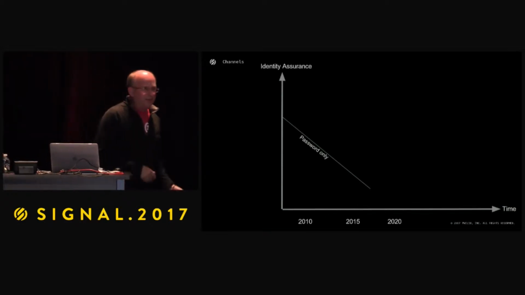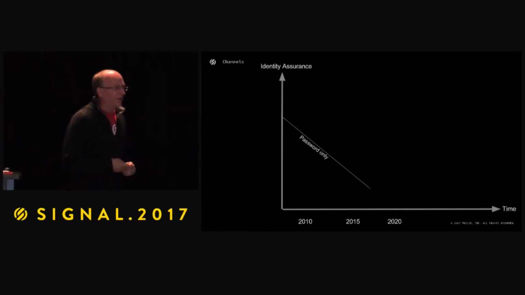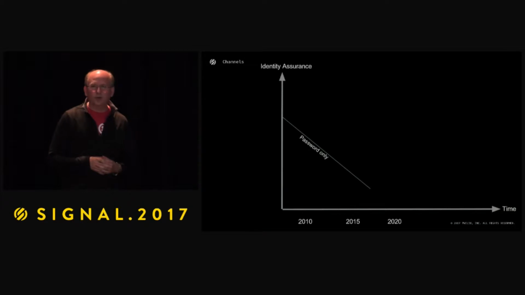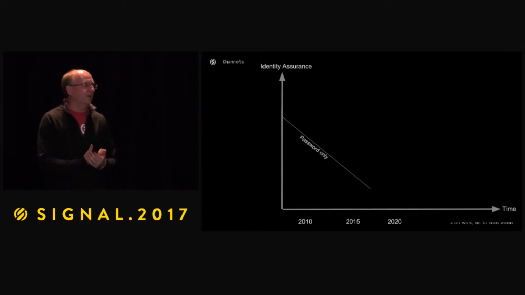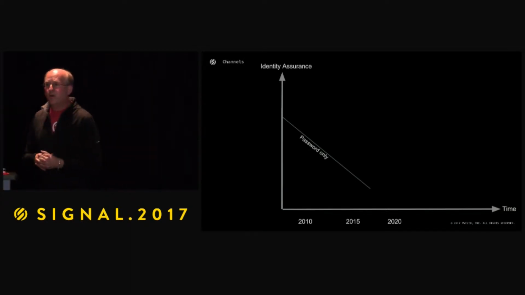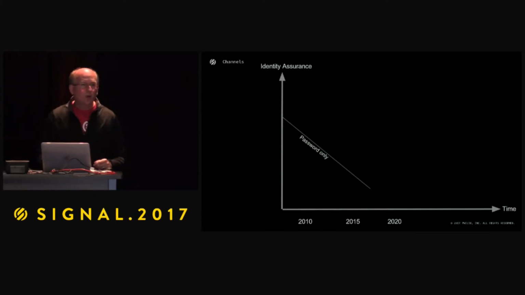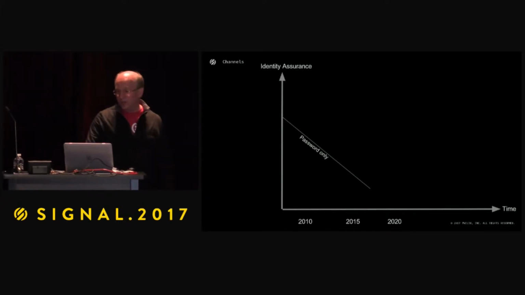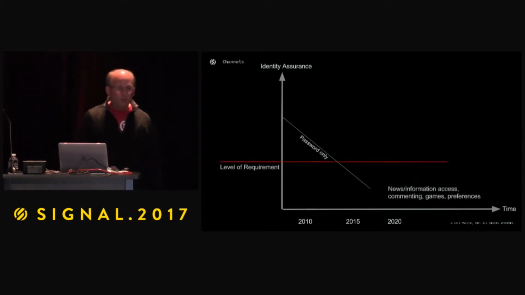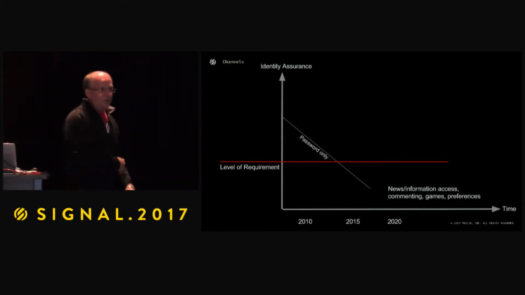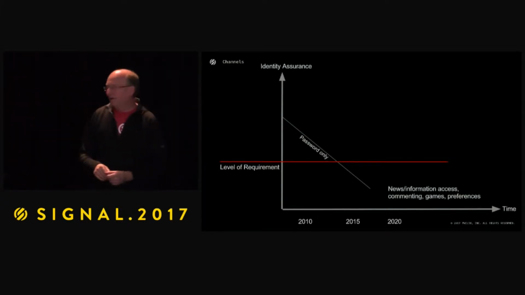So this is a concept we stole from a Gartner presentation I went to a few years ago, where he talked about the varying levels of identity assurance of different forms of two-factor authentication, or different forms of authentication in general. And the password, it's been around for a long time. It used to be more than good enough.